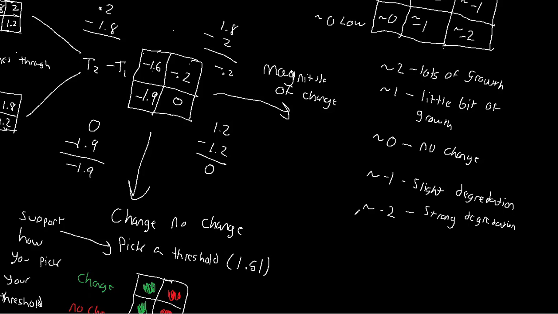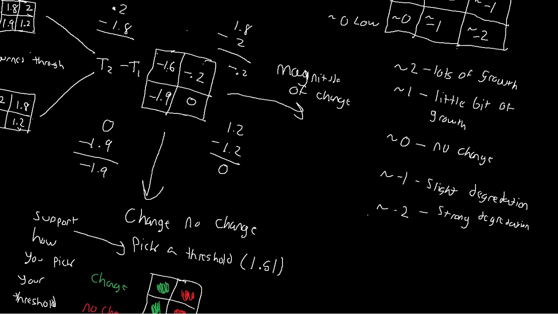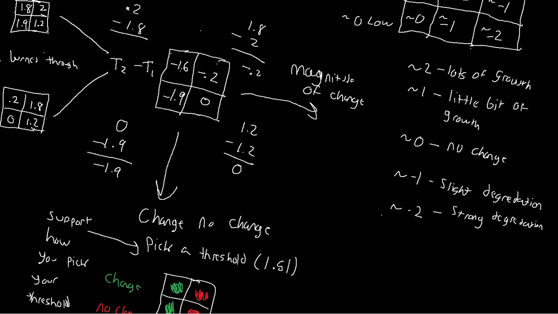Okay? So take a second, think about how we got these, think about why we're saying they mean what we say they're meaning. And then let's bring this back over here to the context of our difference image. I'm going to slide over just a little bit. Hopefully we can see everything.